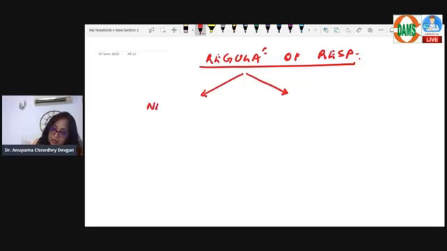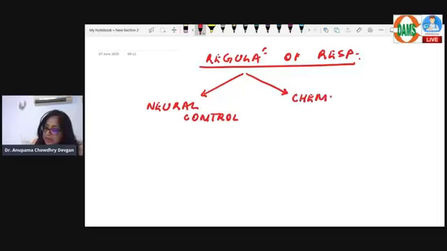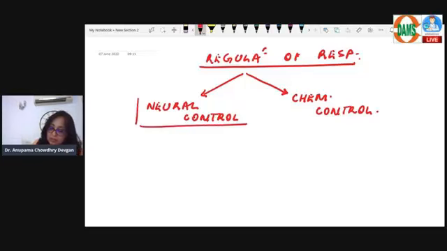There is a neural control, and there is a chemical control of respiration.